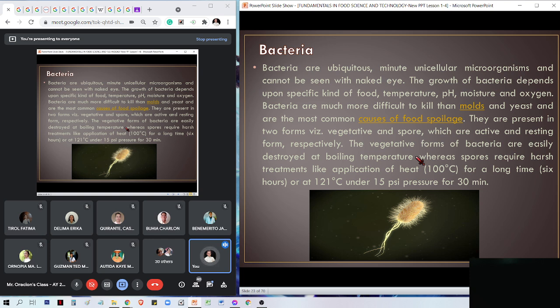Even if giluto ka, remember that in normal boiling temperature, di ka makaingon nga namatay na to ang tanang bacteria, because there are two types of bacteria. The vegetative, which has a lower survival rate in terms of heating or temperature. And then we have the spore type of bacteria, which can survive or sustain heat during the normal boiling temperature.